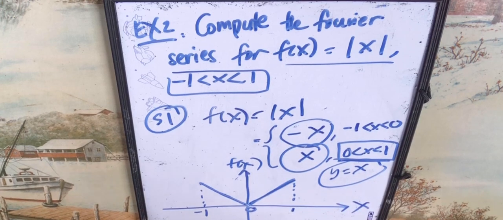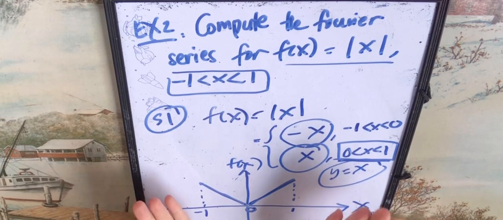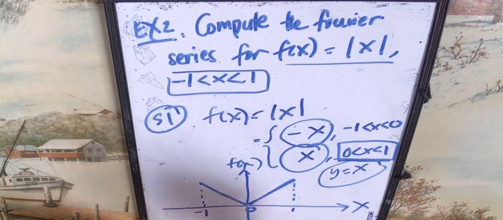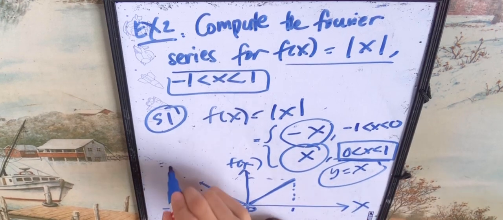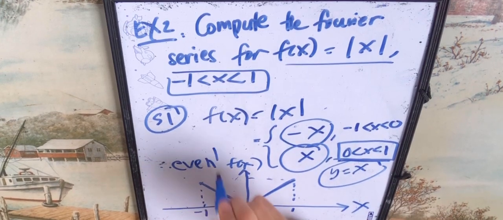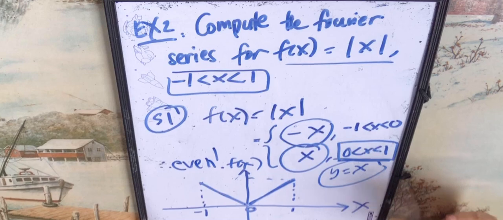I repeat, for odd it must be symmetric about the origin, and for even it must be symmetric about the y-axis. You can see clearly that this is symmetrical about the y-axis, therefore this function is even.